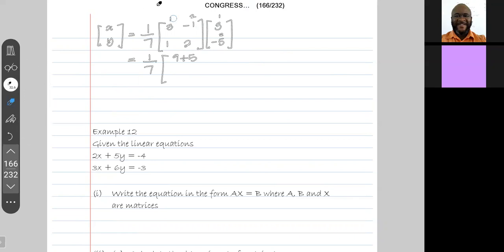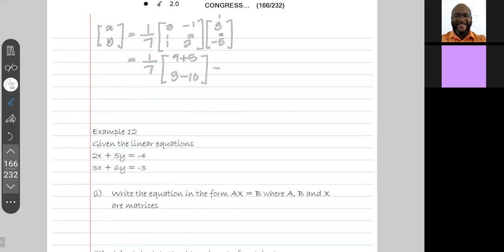So next we're going to move to the bottom row. First element in the row, 1, times the first element in the column, 3. 1 times 3 is 3. Second element in the row, 2, times the second element in the column, minus 5. This is minus 10.